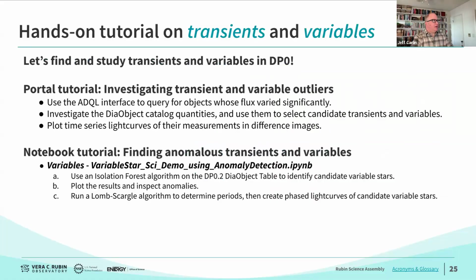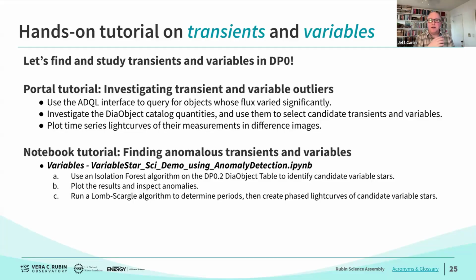Okay, so then I'm going to demonstrate 2 ways that you can access these data products via the Rubin Science Platform. First, I'm going to show you a very quick demo of using the portal, and then after that, we'll move to the notebook aspect and show you how to extract light curves in the notebook. I will note that these will move quickly.